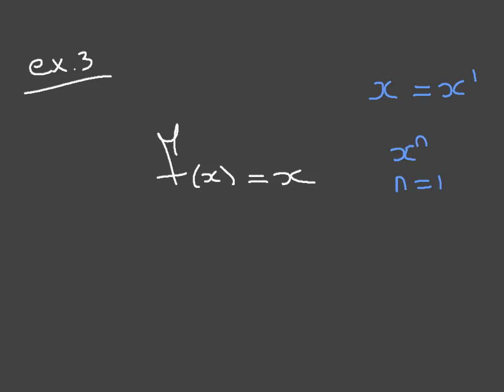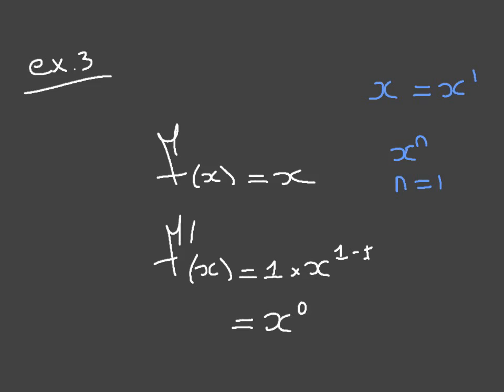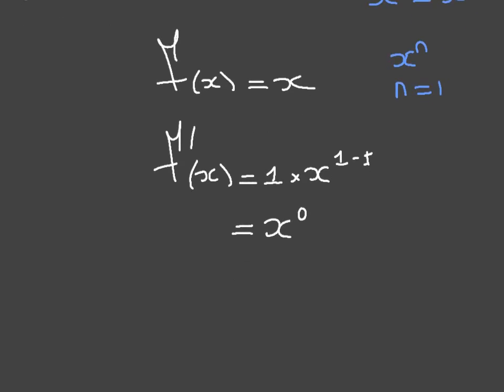So once again, even for this, we can use our power rule and differentiate this function and say that f dash of x is equal to 1 times x to the power of 1 minus 1. But now, 1 minus 1, of course, is 0, so this leads us to x to the power of 0. And a very important rule to remember, any number except 0 raised to the power of 0 is equal to 1. So the answer in this case is f dash of x is equal to 1.